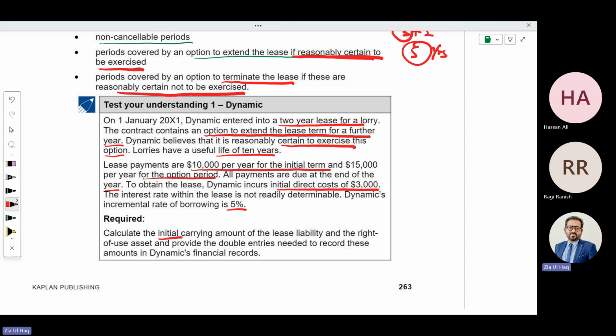Calculate the initial carrying amount of the lease liability and the right of use asset, and provide the double entry needed to record these amounts in Dynamic's initial records. You need to calculate the amount of the lease liability, calculate the amount of the asset, and pass the accounting entry.